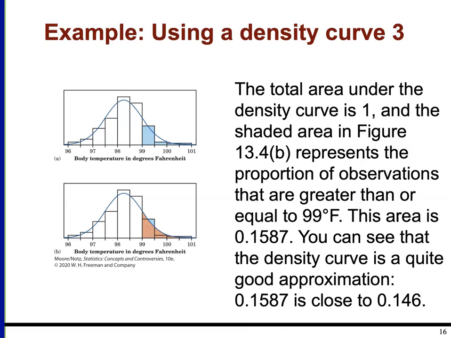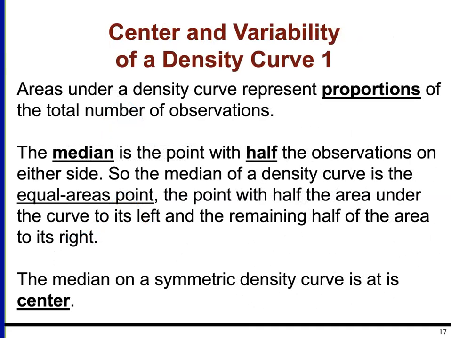So it's not exactly the same number, but they are pretty close. Going from the sample to the population, you are going to get a few differences, but they should be relatively close. A few other things to recognize when looking at these density curves is that the area under the curve is representing the proportions of the total number of observations. That's so important, that's why I've said it twice now.